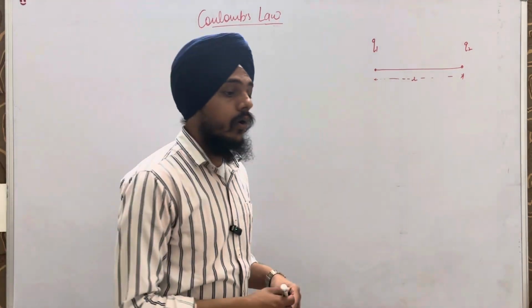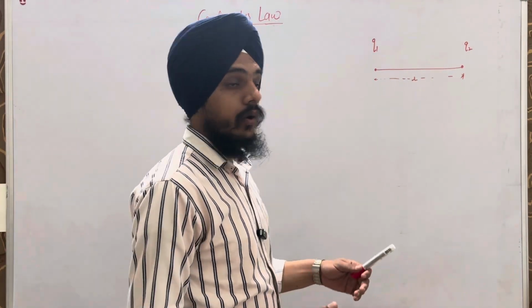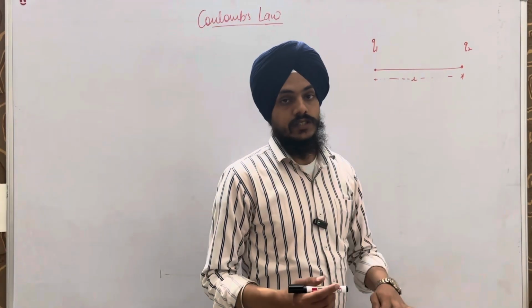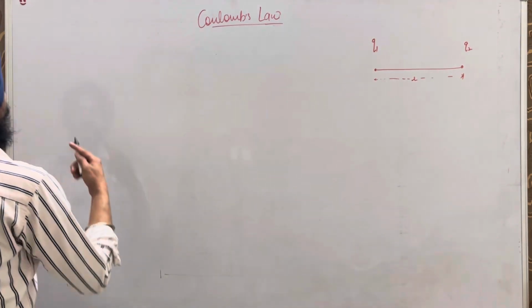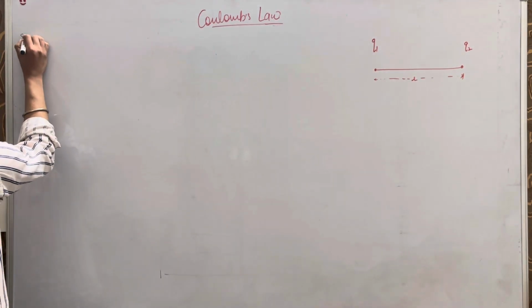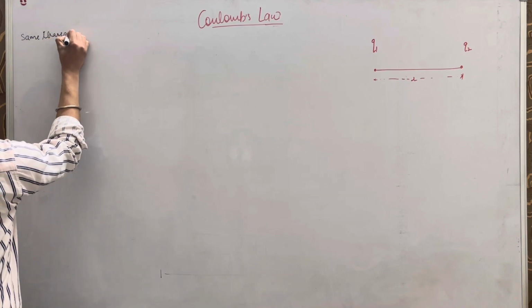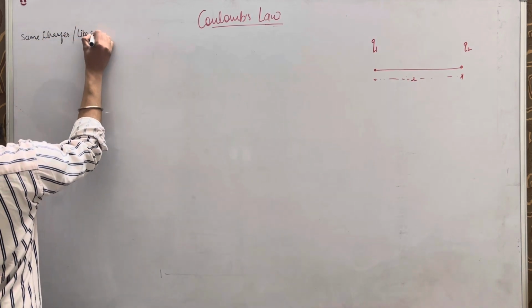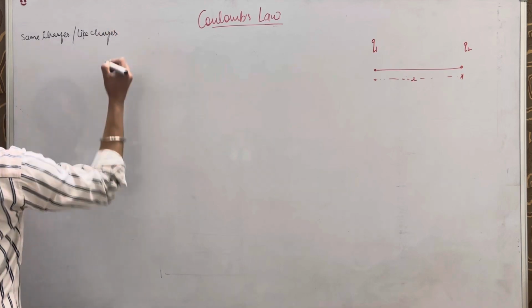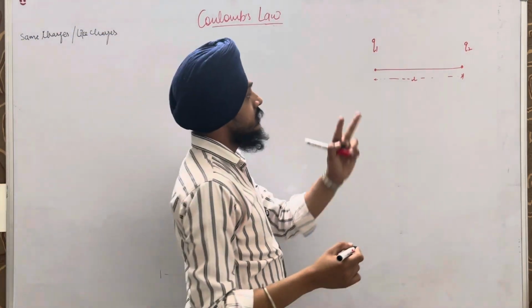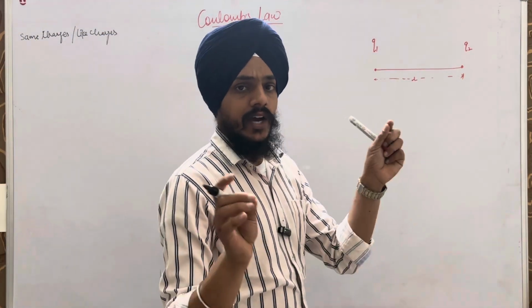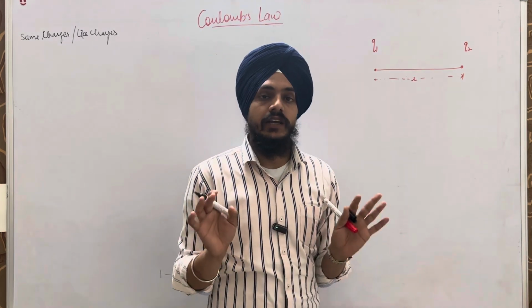Now we can draw its directions. So for example, Q1 and Q2 are like charges, same charges, either both positive or both negative.